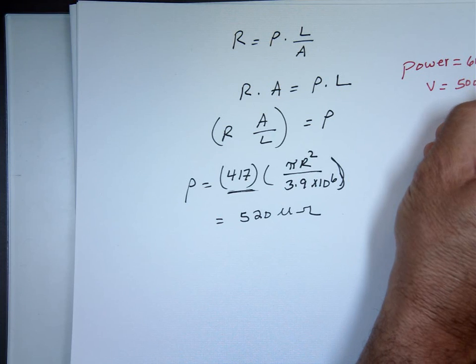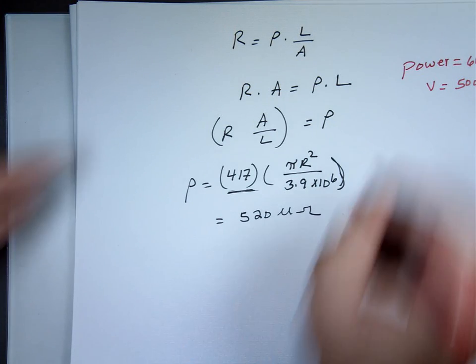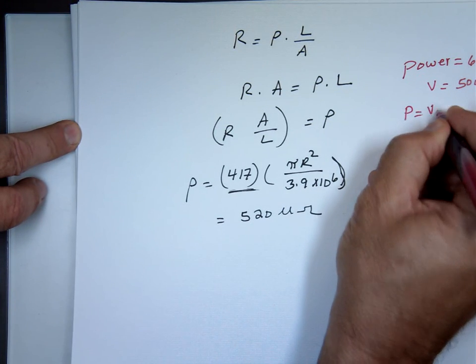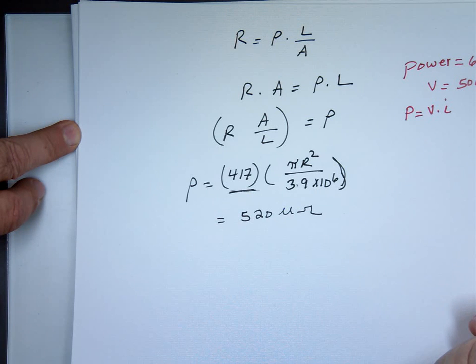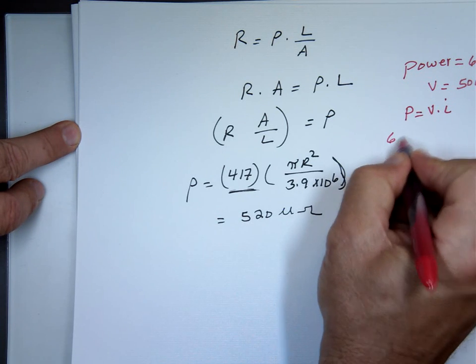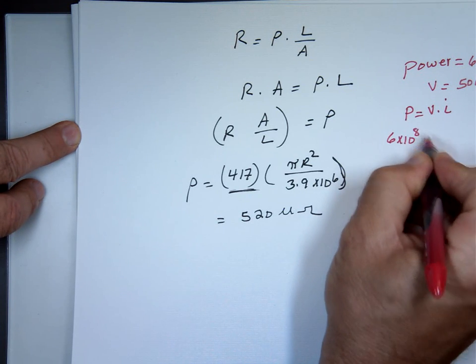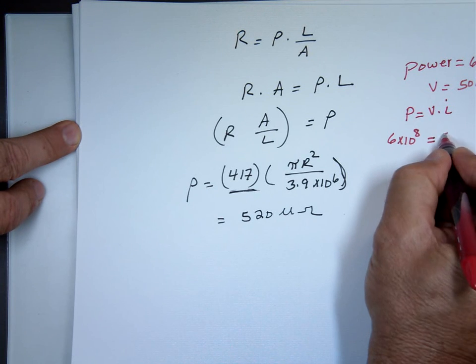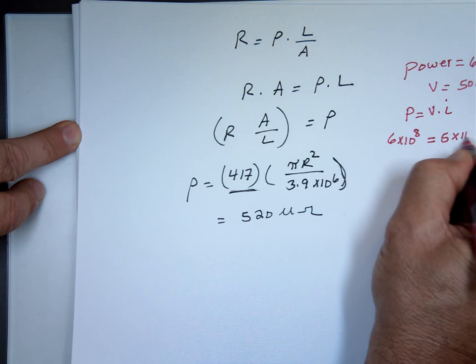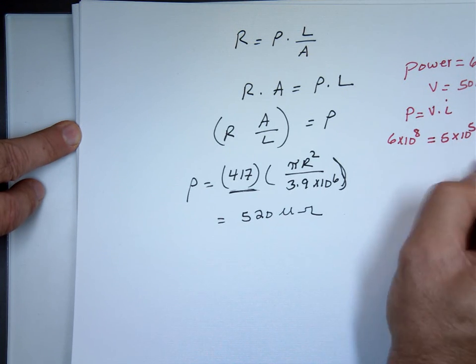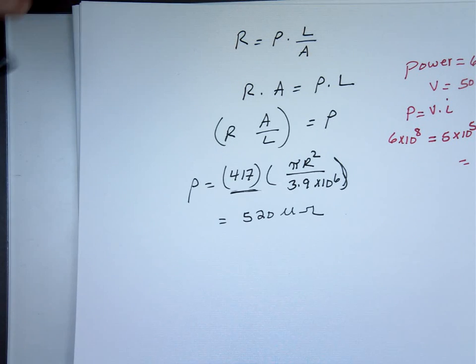Power equals voltage times current. Power, 6 times 10 to the 8. Voltage, 5 times 10 to the 5. Times the current I. What's I equal to? 6 E to the 8 divided by 5 E to the 5 is 1200 amps.